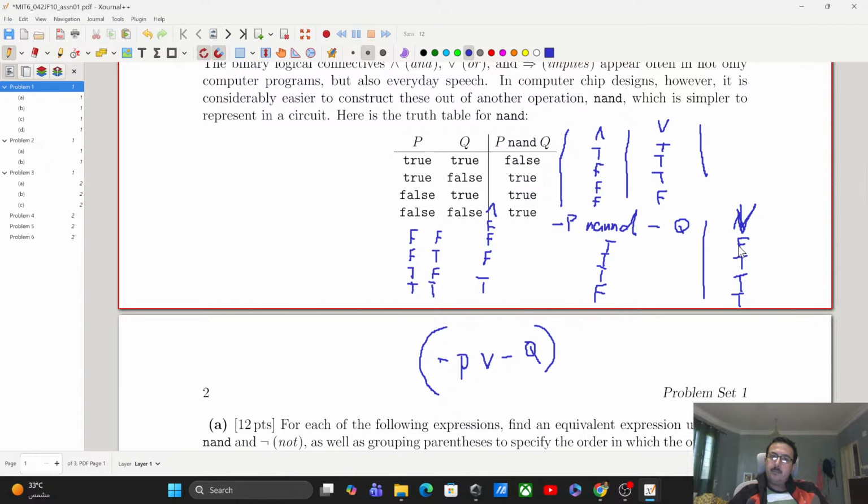And, well, always true, and this it's false.